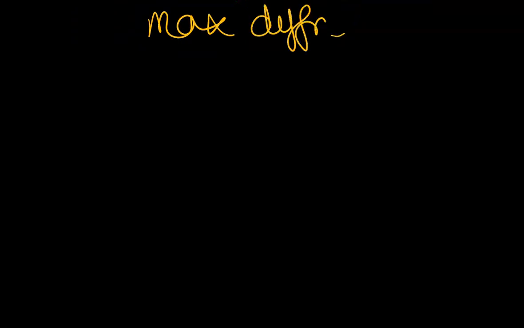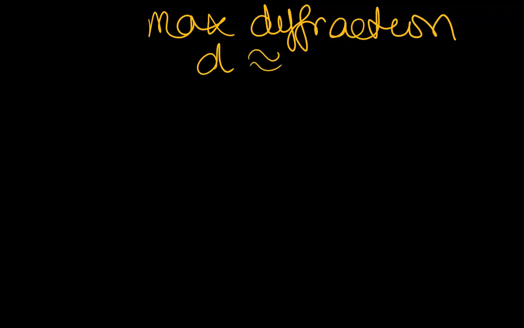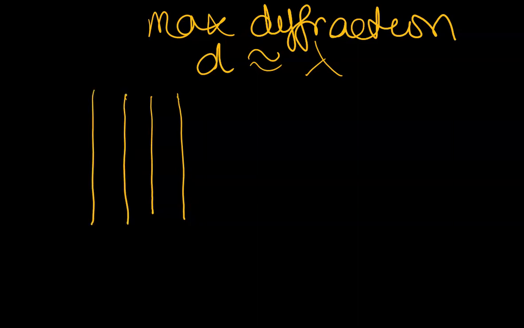Consequently, maximum diffraction would occur whenever d is approximately the same as lambda. So here I would have my parallel wavefronts, and I am looking at the size of the gap being about the same as the size of my wavelength.